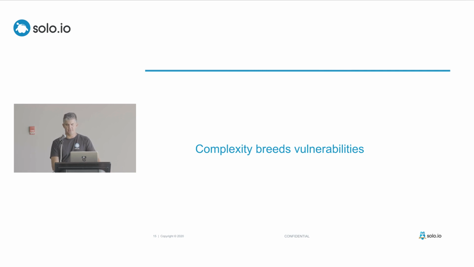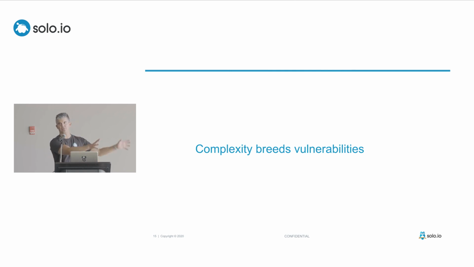So the first point is that wherever you have complex code and algorithms, typically, think about things of business logic that you have to write for some of the domains in the enterprises that you're working, there's a lot of complexity that happens in there. Wherever there's complexity, there's a chance for errors and bugs and things that could lead to vulnerabilities.